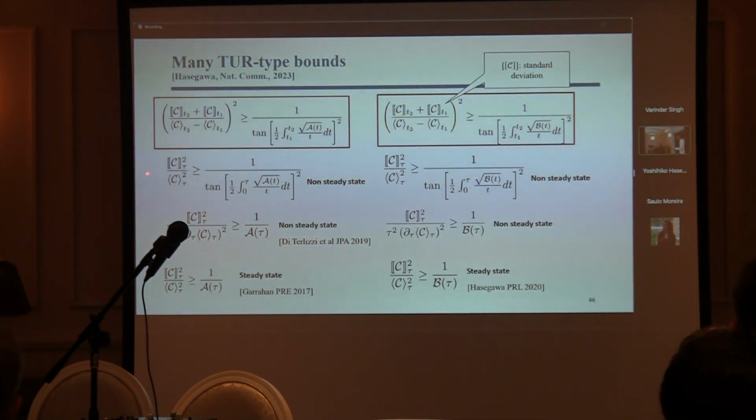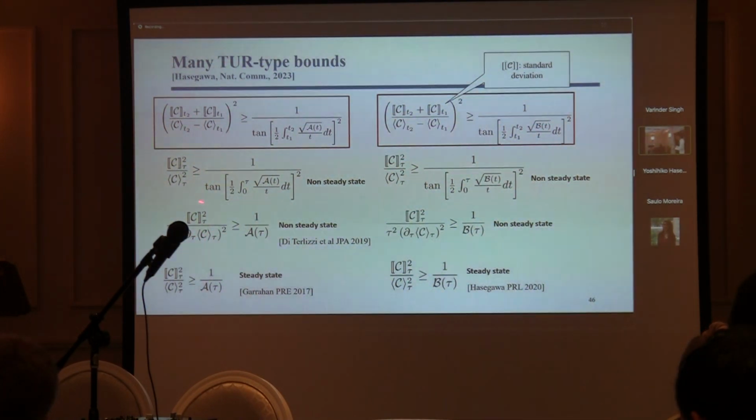And these lower inequalities can be derived from the top inequality. For instance, this part, this well-known TUR, bounded from below by dynamical activity, was originally derived in this paper. And this holds for the steady state case. And this bound is obtained by this paper, and this TUR holds for the non-steady state case, but the left-hand side is not a scaled variance. This part is not an average.